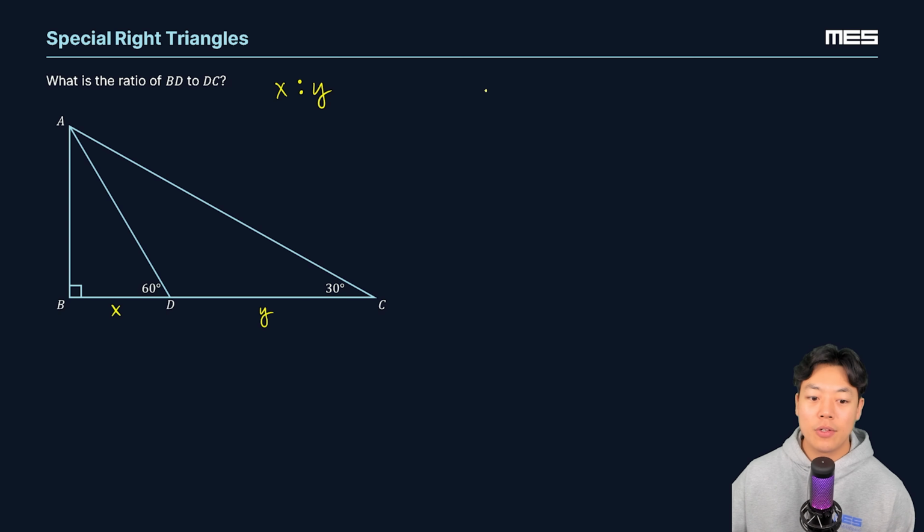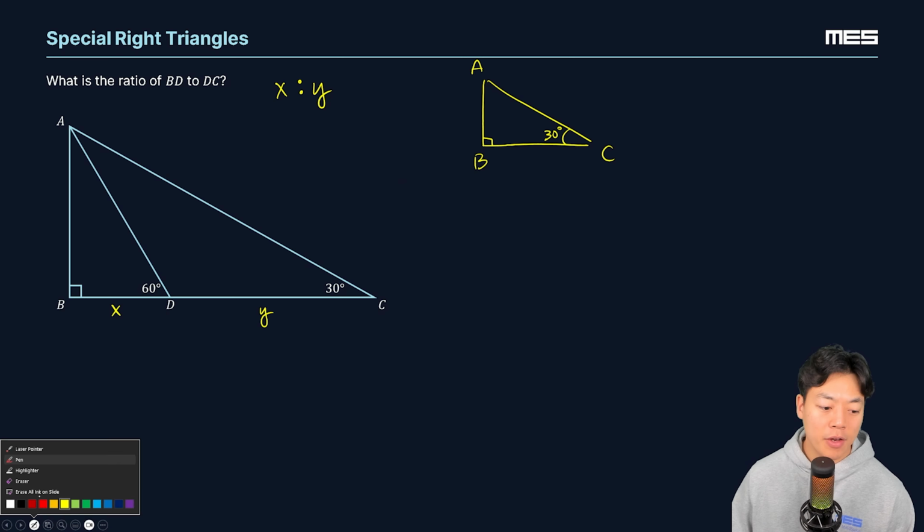Our bigger triangle, ABC, again, when in doubt, redraw the triangles that you see. This is 30 degrees. I don't really want to bring in another variable here. Let's see what we can do.